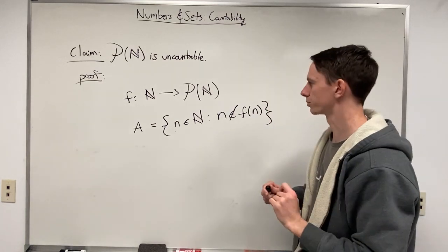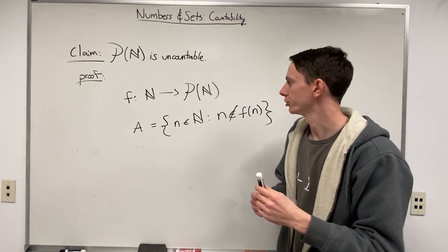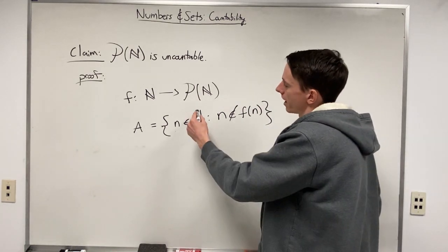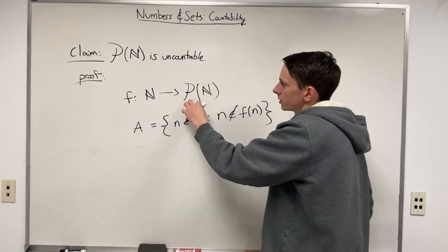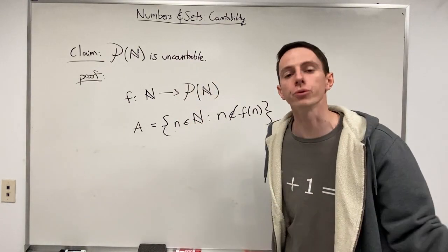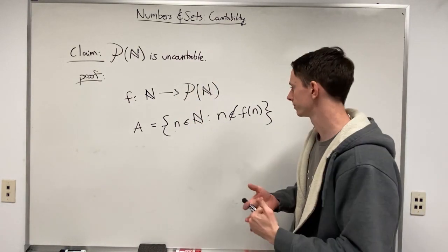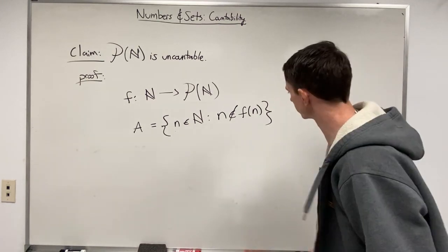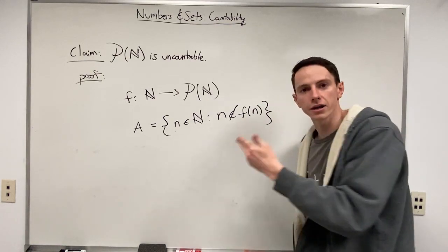And here's why that's important. In order for a function to be surjective, you need to have that the codomain, this set, is equal to the image. The image is the entire codomain. That is one of the properties of a surjective function. But what we are inherently doing is we are finding elements that are just not in the image.